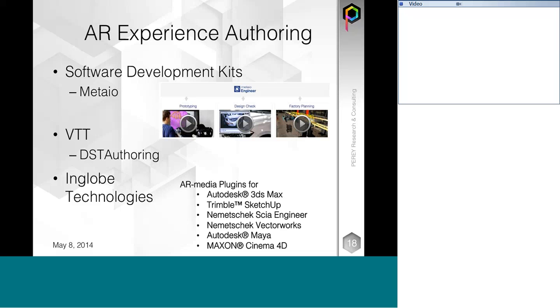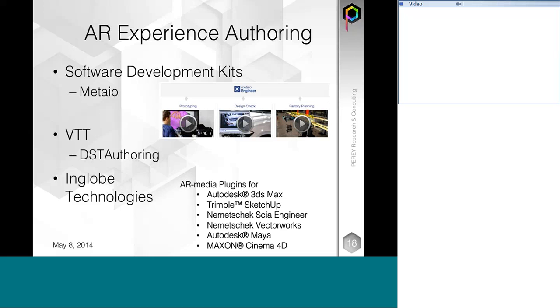There are some tools also that are very useful for urban augmented reality, such as the VTT DigiSpace authoring platform. I don't think that's commercially available. However, it was designed specifically for use by people who are making urban AR projects in pilot and proof of concept environments.